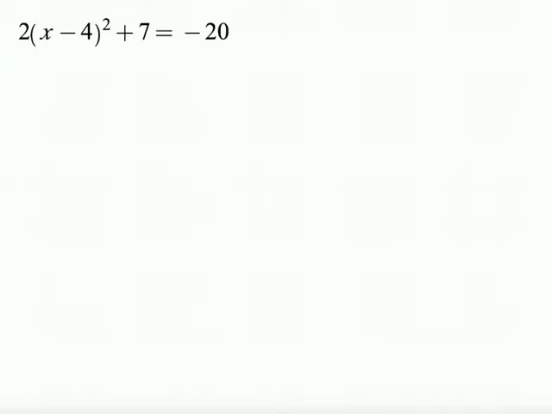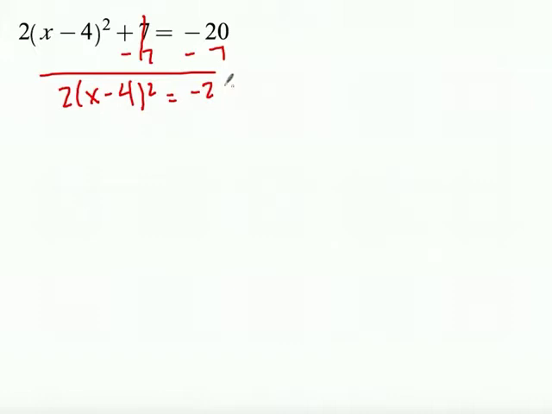The next example is very similar to the last one, so I've got 2 times (x minus 4) squared plus 7 equals negative 20. The first thing I'm going to do is get rid of that plus 7 so that I can get my stuff that's got x in it by itself. So I'm going to subtract 7 from both sides. That cancels, and I have 2 times (x minus 4) squared equals negative 27.